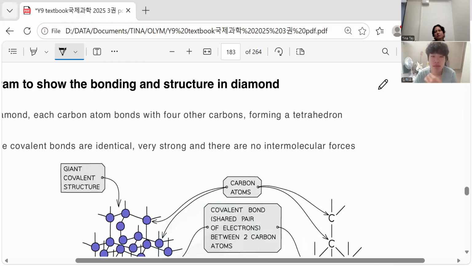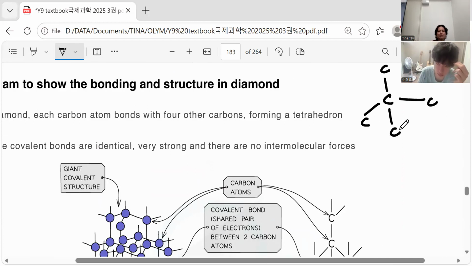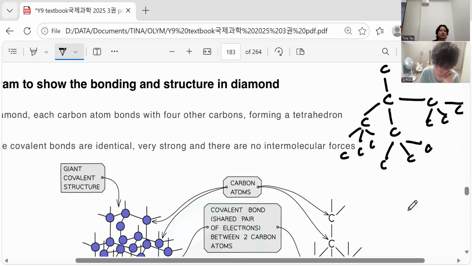How is it different? Remember just now diamond has four bonds. Each carbon is bonded to four other carbons. Just now in graphite, how many? Three. Diamond, four. So this carbon doesn't say, oh, I don't feel like doing anything. No, it will continue to bond with another three. So carbon, carbon, carbon, carbon, like that.